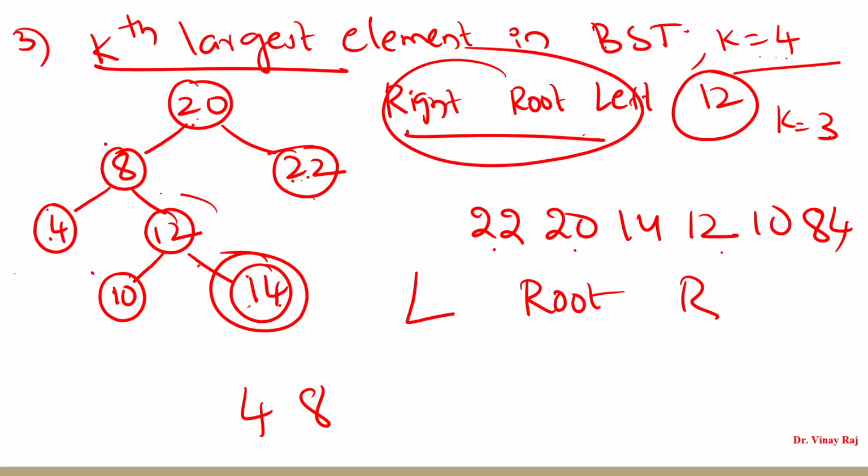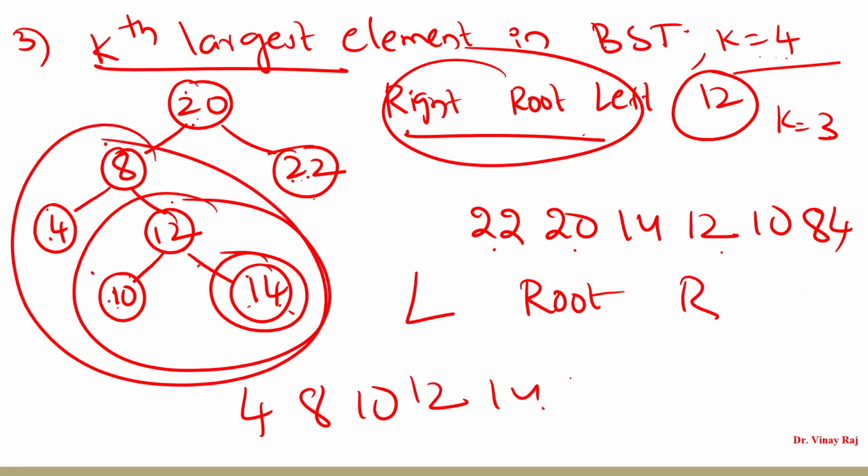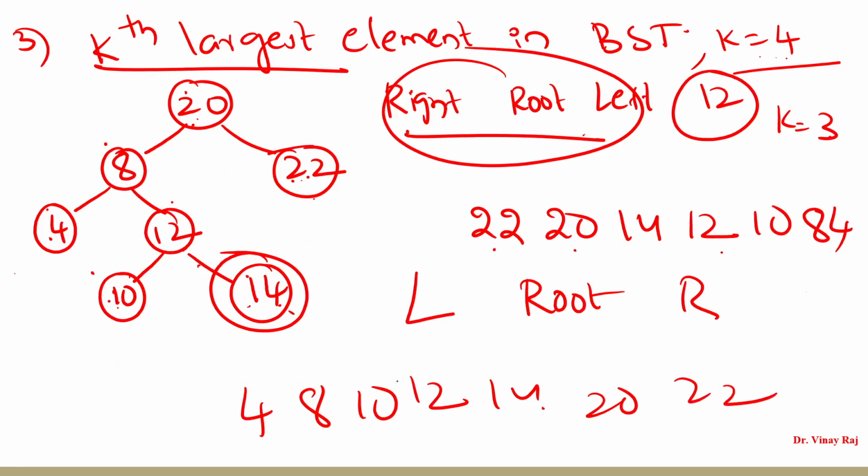In the right, you first go for left, then root, then right. Now this full left is over, then go for the root and then 22. Simple. So the third largest element is 10, the third smallest is 10, or the fourth smallest is 12. That way we can find out.